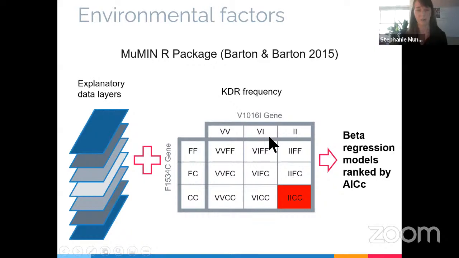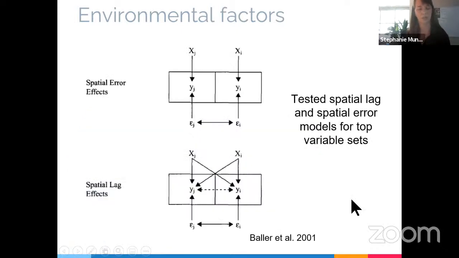I then performed a model selection process using the MuMIn package, with the explanatory data layers and the response variable being the frequency of this IICC highly resistant genotype. I ranked the models by the information criterion. Once I had those top candidate models, I also tested to see if a spatial lag or a spatial error term would improve the fit or the predictive power of the model.